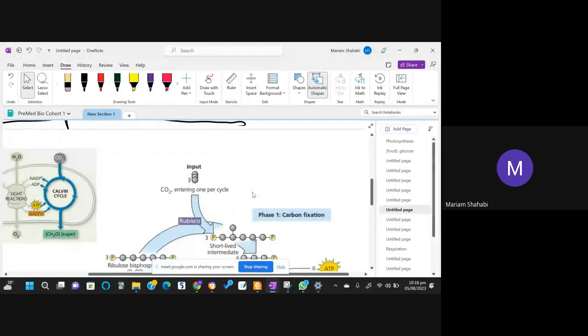Now in this phase, what products did we get from the light reactions? We got ATP, we got NADPH, assuming that this was non-cyclic electron flow.